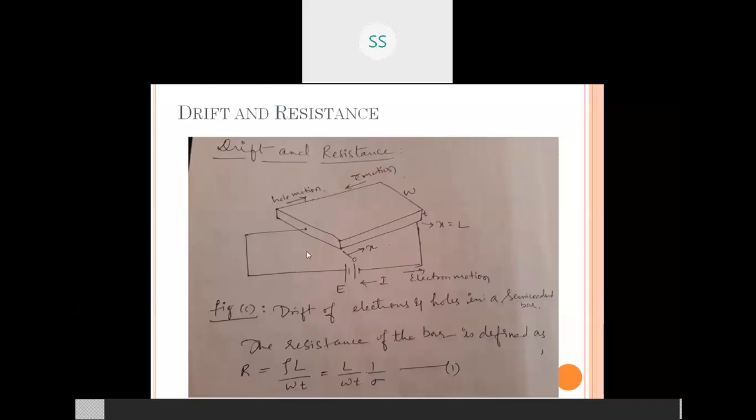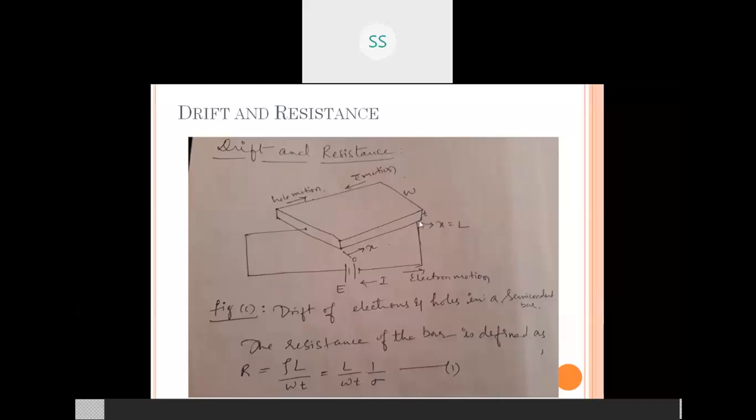In the case of holes also, when a hole reaches the ohmic contact, where the semiconductor bar is attached to the metal contact, at x equal to L, it recombines with an electron that is supplied through the external circuit.